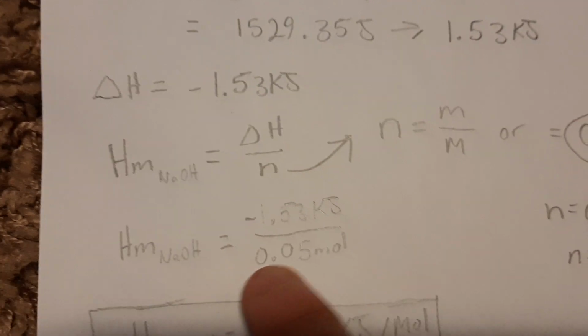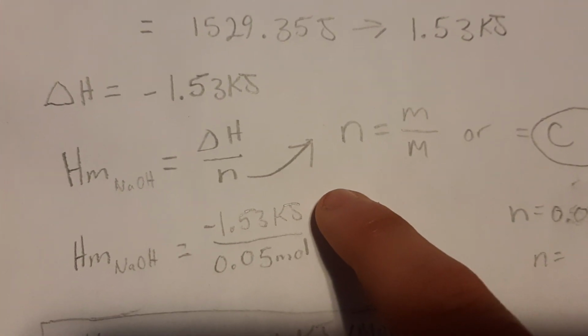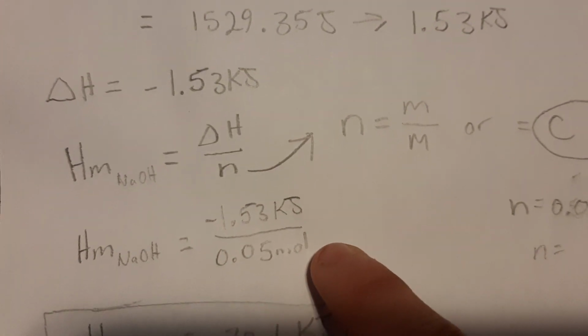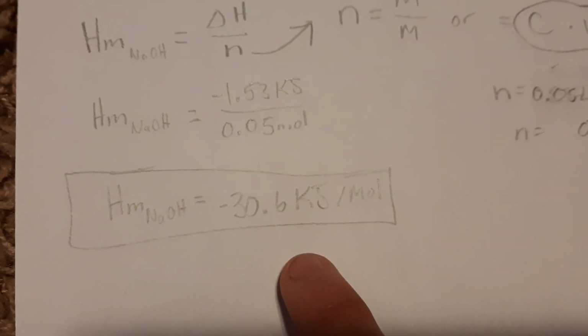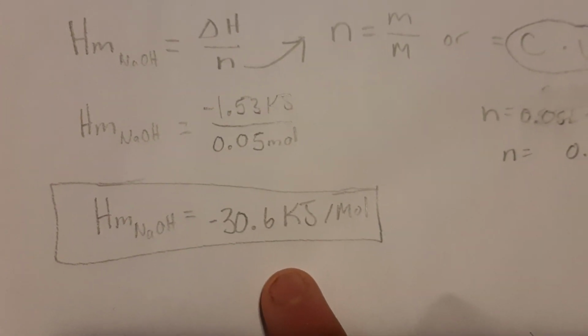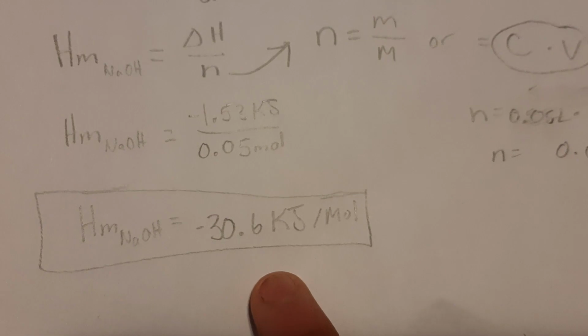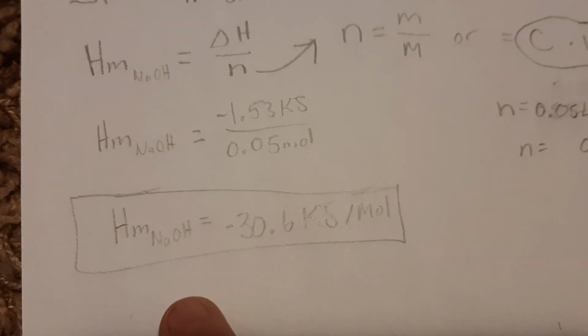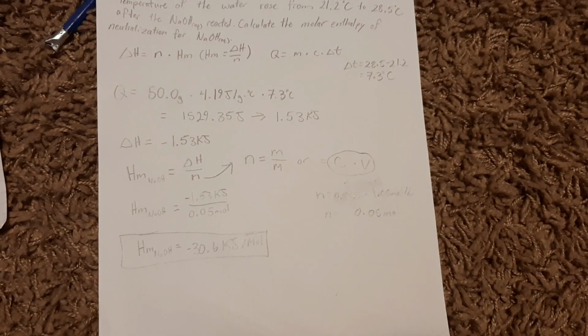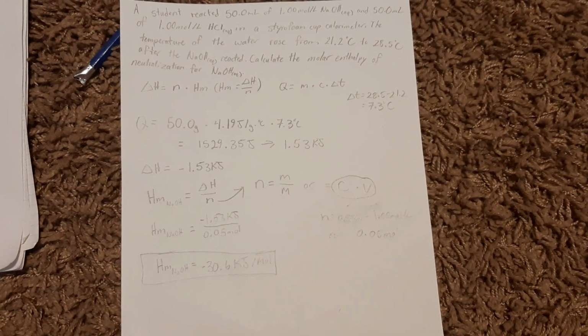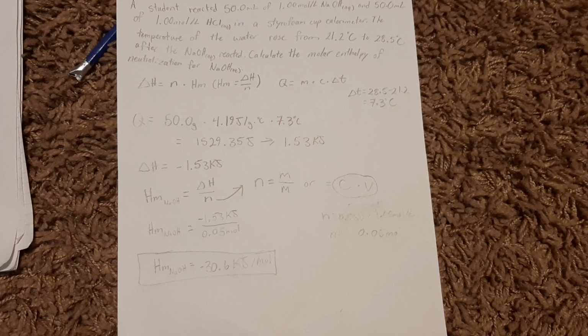To find the molar enthalpy, we simply do negative 1.53 kilojoules divided by 0.05 moles, and we come to a total answer of negative 30.6 kilojoules per mole as our final molar enthalpy of sodium hydroxide. And there is everything.